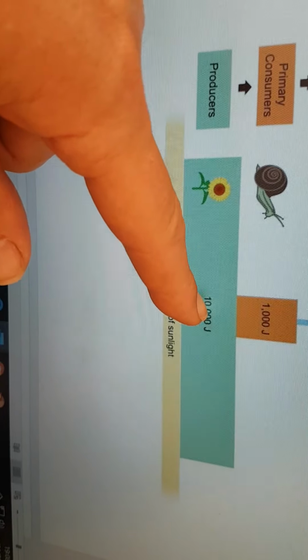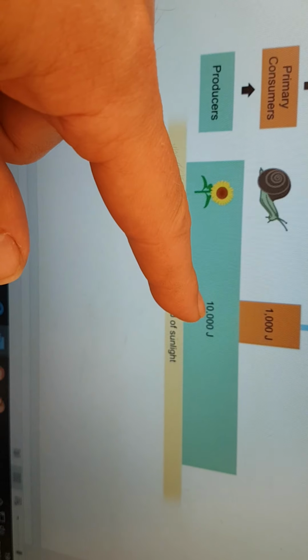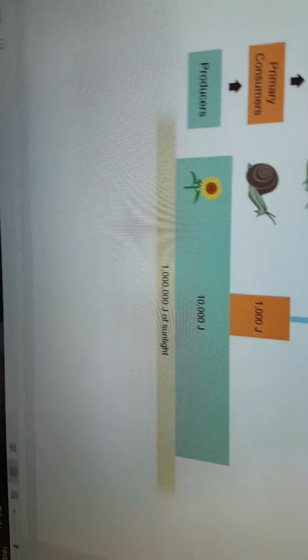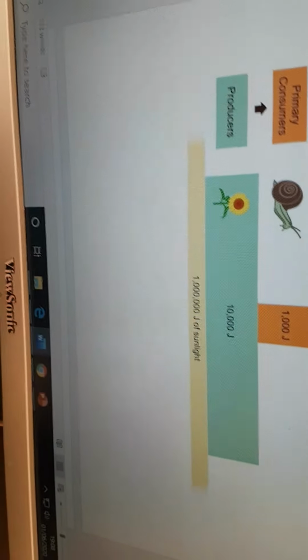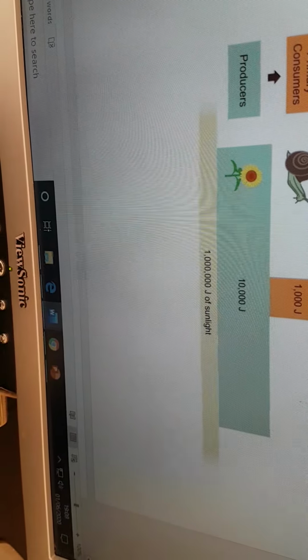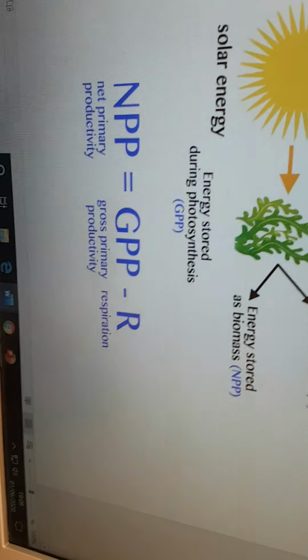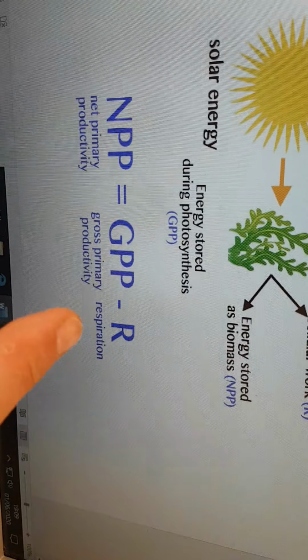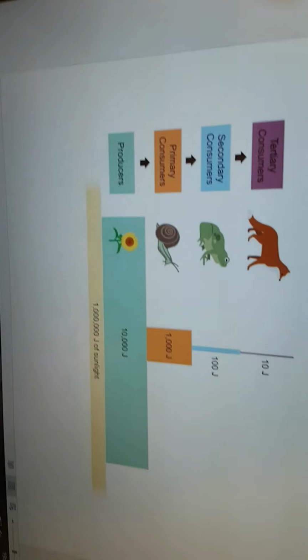Once the plants have made the glucose, it can undergo two fates. One, it can be used for their own respiration, or two, it can be used to make new biomass. In other words, new plant material to help the plant to grow. In other words, net primary productivity is the gross primary productivity minus what the plants use in respiration.